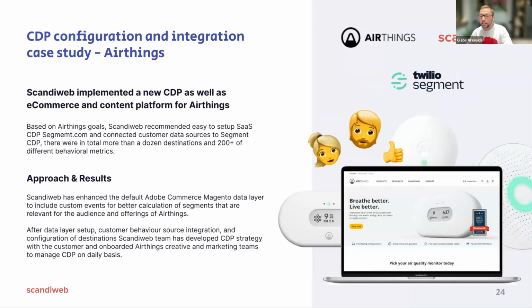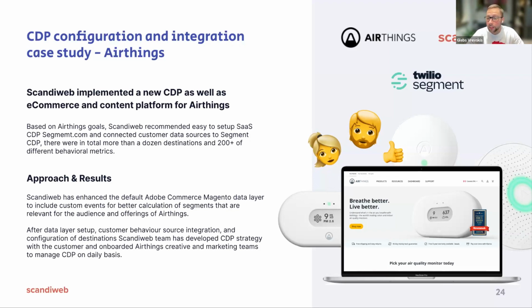Let's look at the other side, AirSyncs. These guys are not really a startup. That's quite a decent hardware company who are basically making devices to check the air quality. You can put them into your house, into your room, whatever, and you can feel confident. You can breathe properly and not have any negative things inside of you.